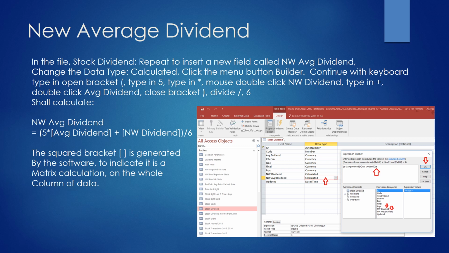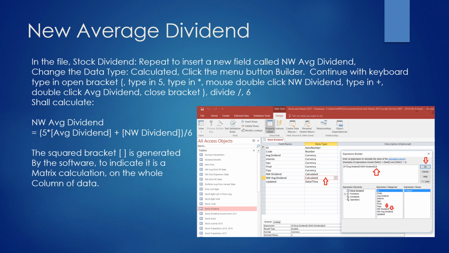Mouse double-click NW dividend, type in plus, double-click average dividend, close bracket, divide by 6. This shall calculate NW average dividend equals 5 times average dividend plus new dividend, divided by 6.